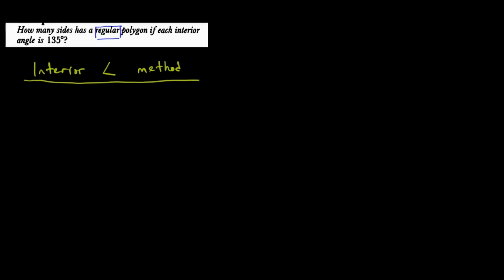So I hope I am not confusing you by teaching this way. So the interior angle method, toda kuziva the number of sides that a regular polygon has if each interior angle is 135 degrees.